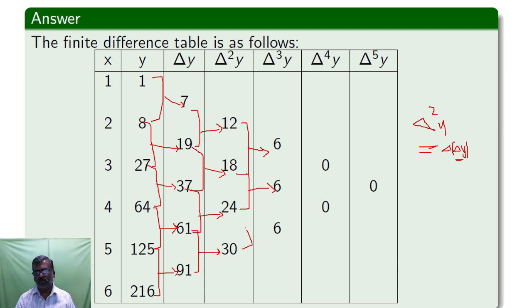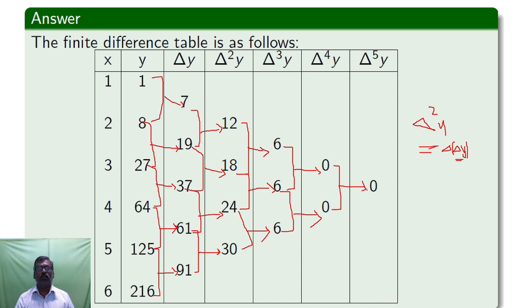Then 30 minus 24 comes to 6. Delta power 4 is the difference in delta cube y. In the same way, you subtract 6 minus 6 and 6 minus 6 as 0. Till a single number comes, you have to proceed with the tabular column. 0 minus 0 comes as 0.